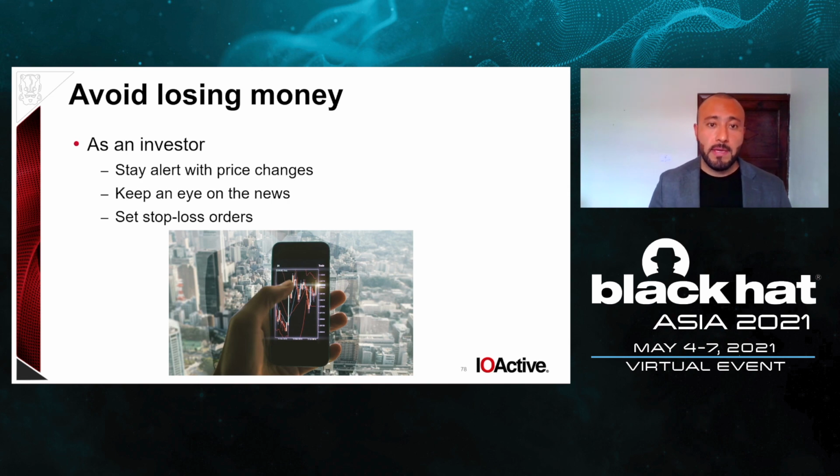For the investor, stay alert with the price changes of your companies. Stay updated with the news, either in a sector, in your country, or worldwide news. And also set stop loss orders in case of surprises.